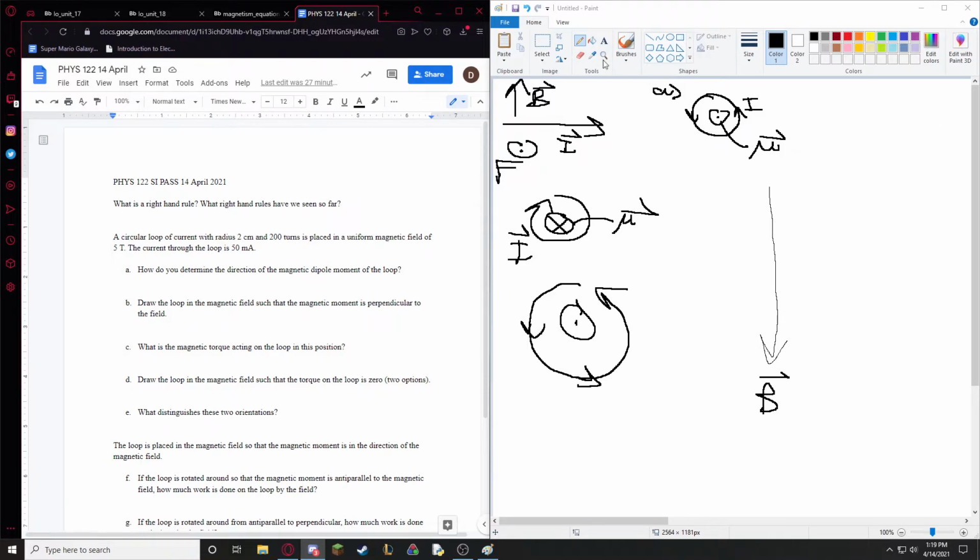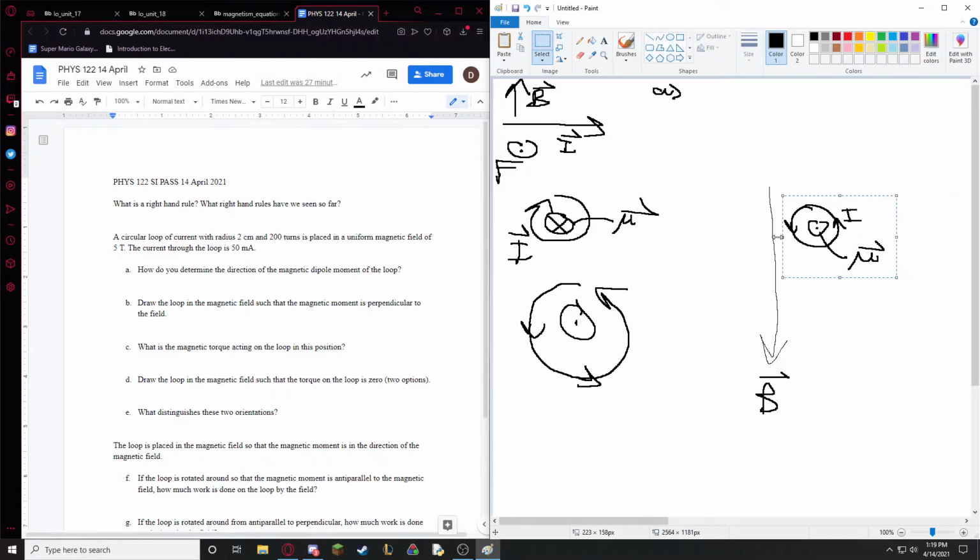Couldn't we just take our example from before, where our loop is going counterclockwise? Would that work? Yeah, that would work.